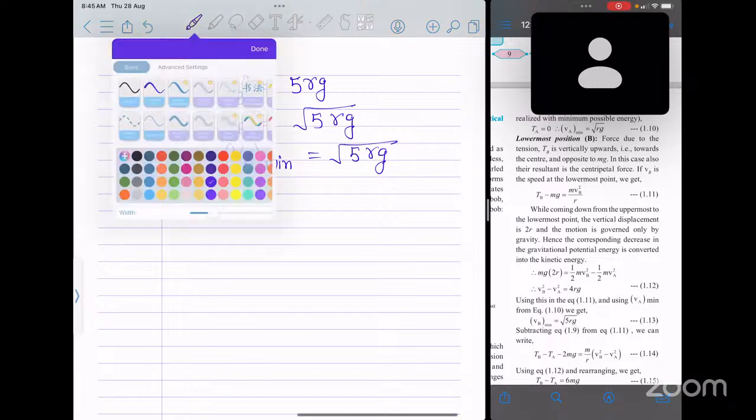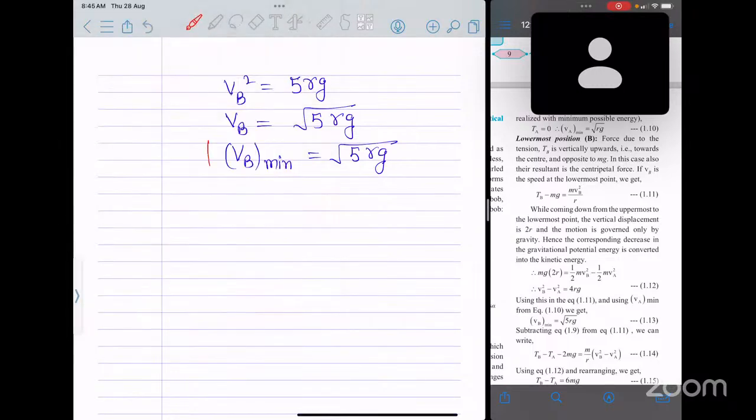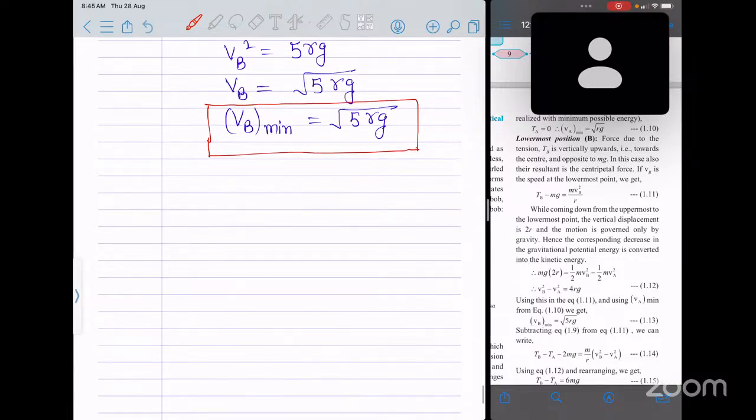If you provide the object a speed less than square root 5 rg, the object will not complete the circular path. Remember, it is a very important point.